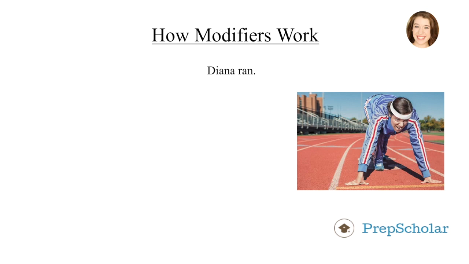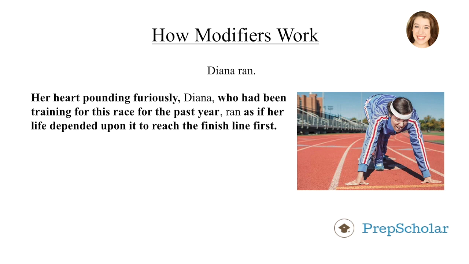But take a look at this sentence. Her heart pounding furiously, Diana, who had been training for this race for the past year, ran as if her life depended upon it to reach the finish line first. Wow, that's a way more interesting sentence than just Diana ran, right? And that's thanks to modifiers. All of these phrases in bold here, her heart pounding furiously, who'd been training for this race for the past year, as if her life depended on it, to reach the finish line first, those are all modifiers.